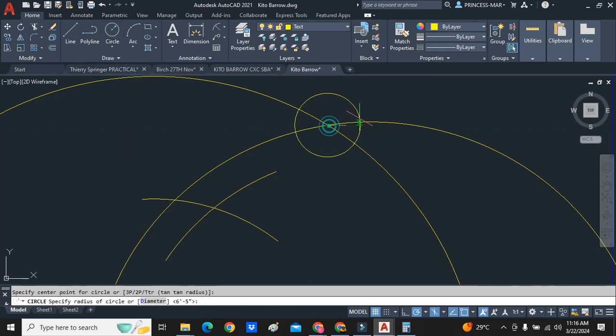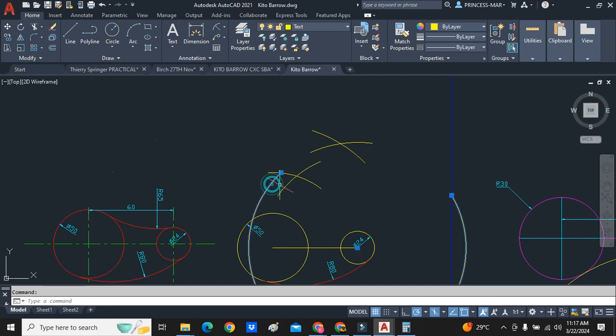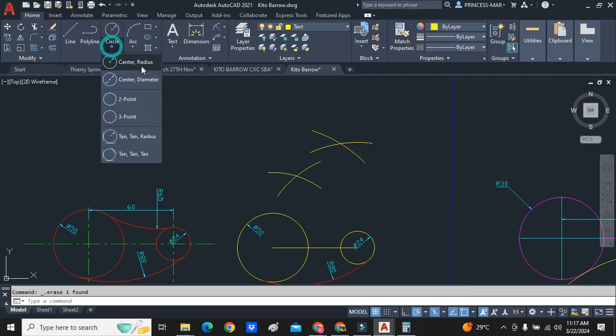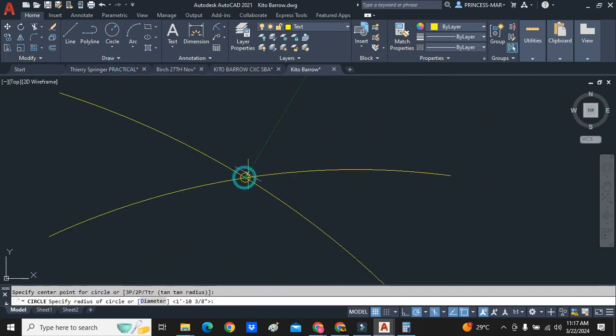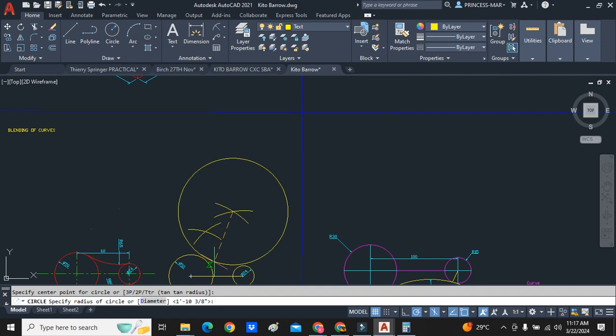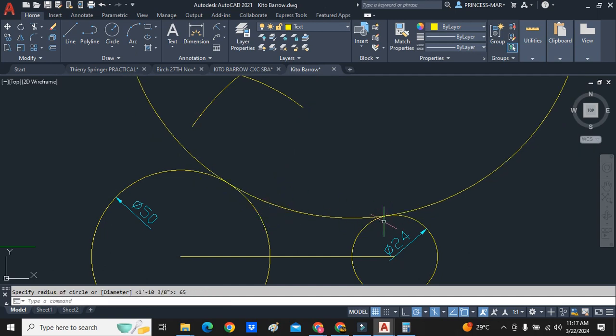So once again, we draw a smaller circle and we trim the edges. Delete. Now from here, we're going to draw our circle. Now you need to make sure that it touches the center, 65, and it touches both edges.